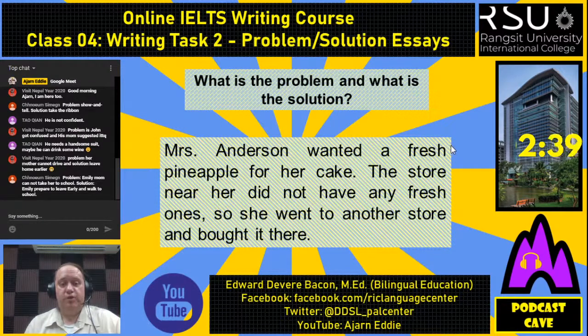The store near her did not have any fresh ones. So, she went to another store and bought it there. Okay. So tell me. So type really fast. Really, really fast. What is the problem? And what is the solution?